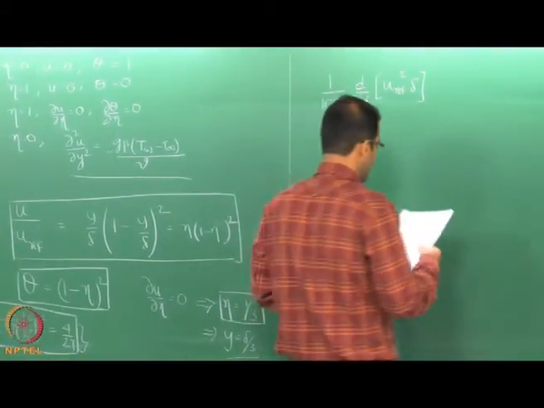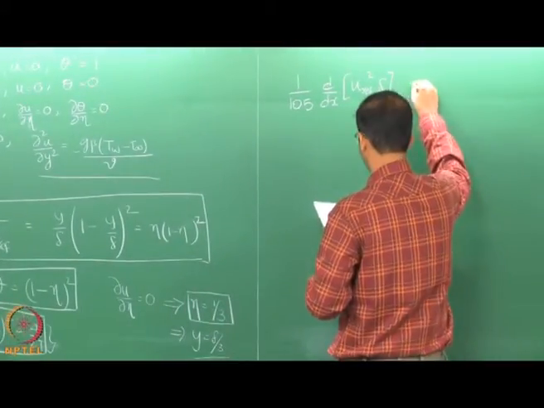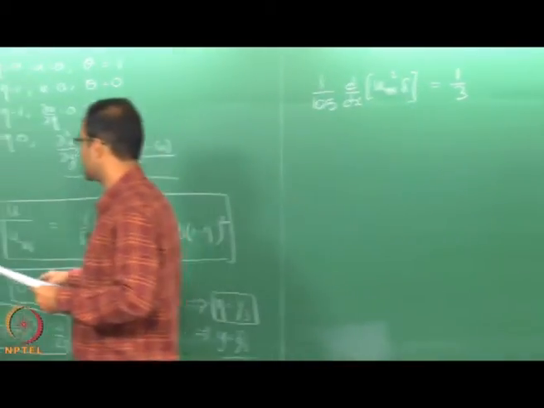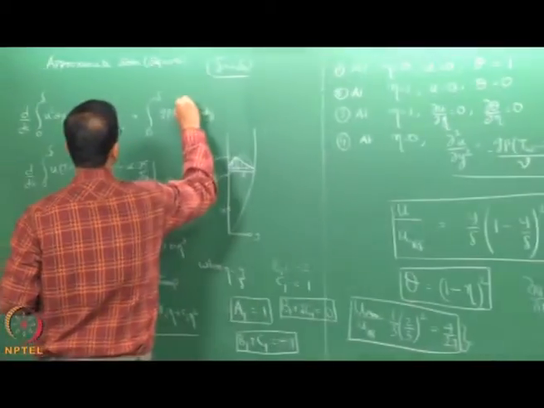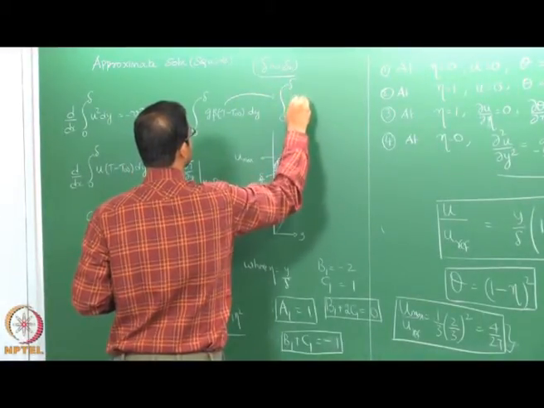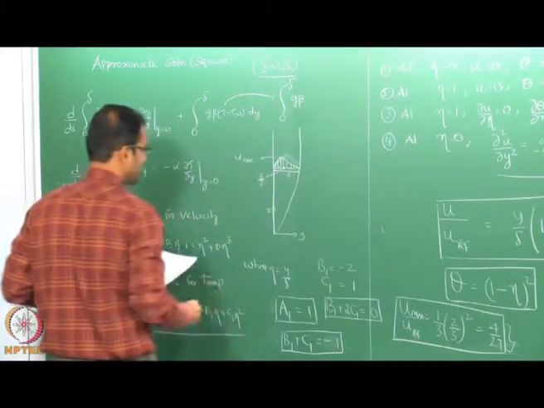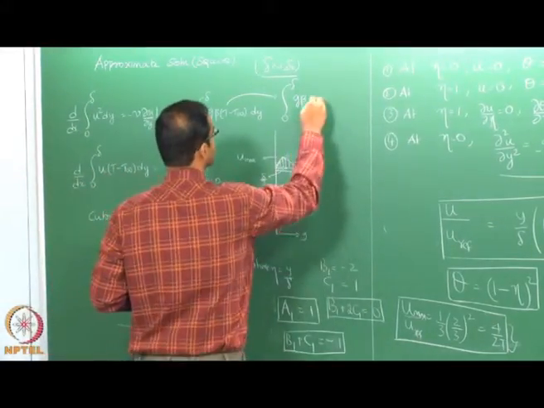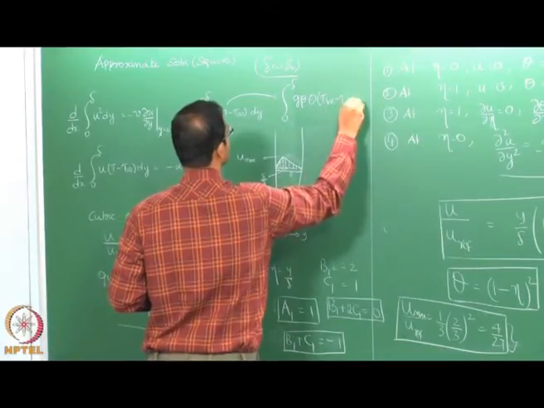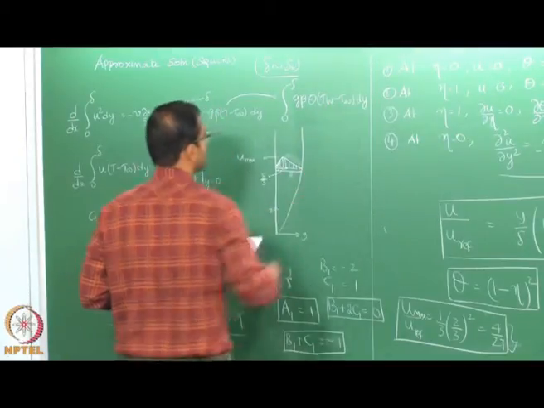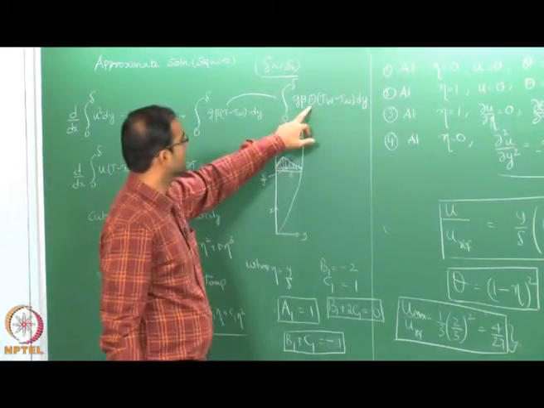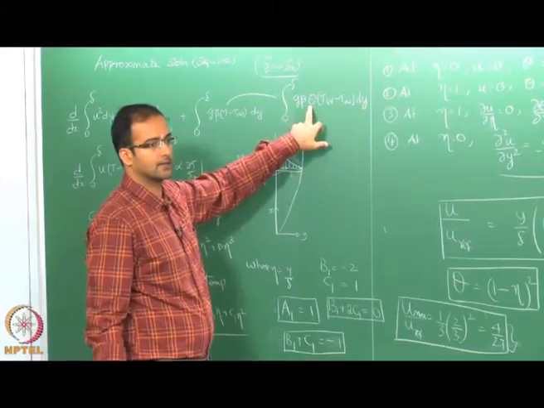Similarly, on the right hand side, if you substitute the temperature profile, this will be integral 0 to delta g beta into theta into t wall minus t infinity dy, and you can substitute the profile for theta as 1 minus eta the whole square and integrate it.